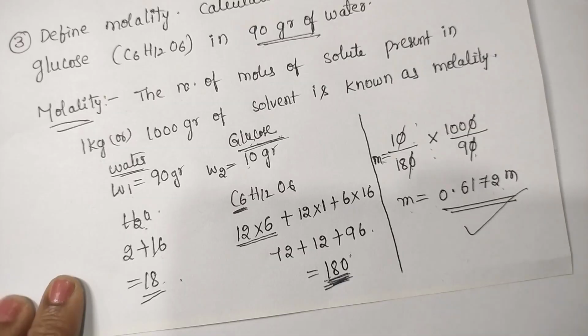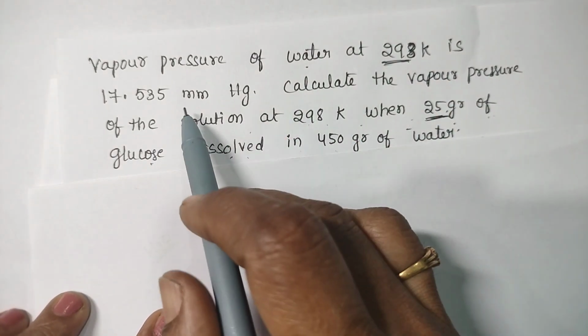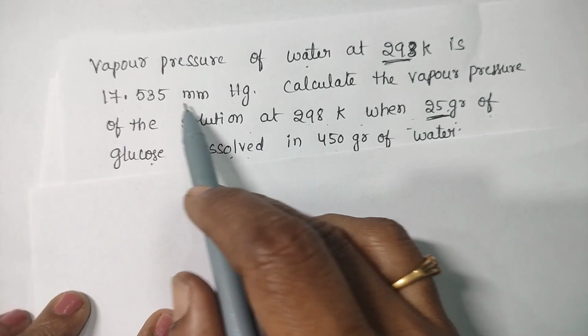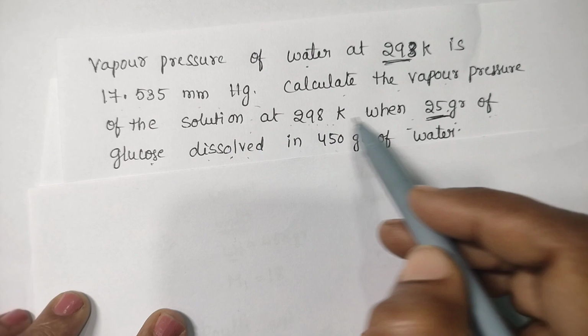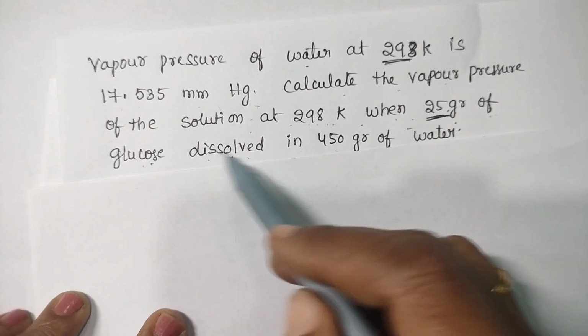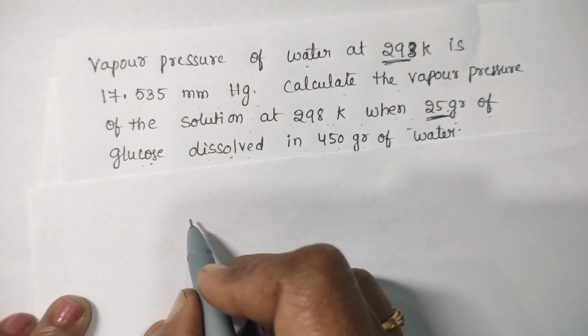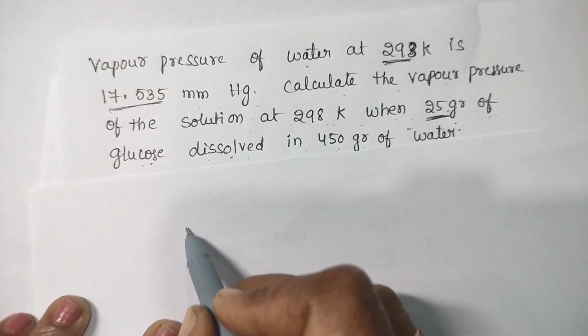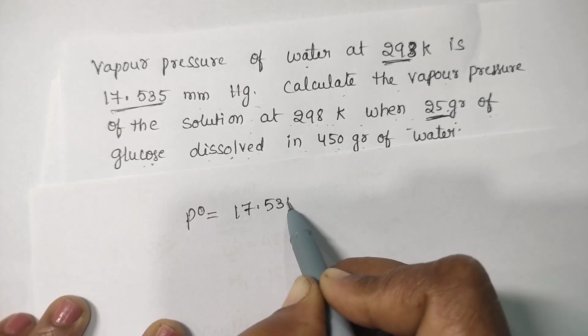This is the answer. So next question: the vapor pressure of water at 293 Kelvin is 17.535 mmHg. Calculate the vapor pressure of the solution at 298 Kelvin when 25 grams of glucose is dissolved in 450 grams of water. Now what is the vapor pressure? That will be P0 equal to 17.535.